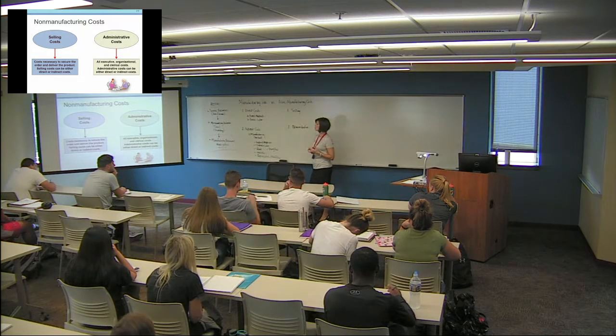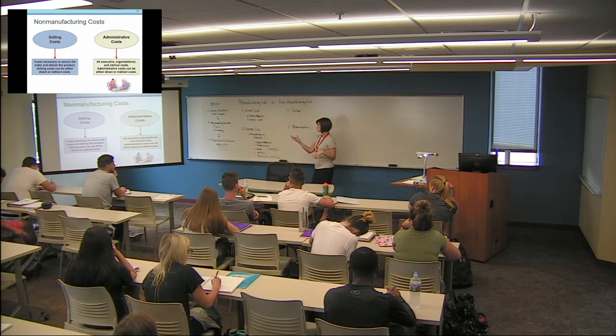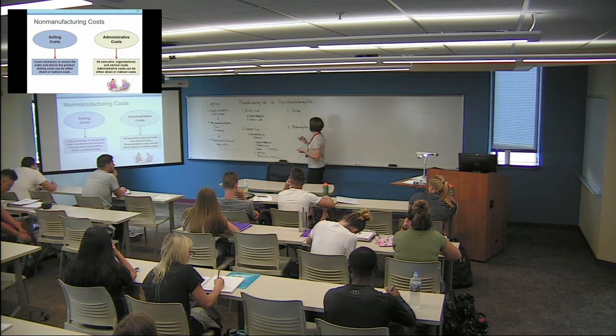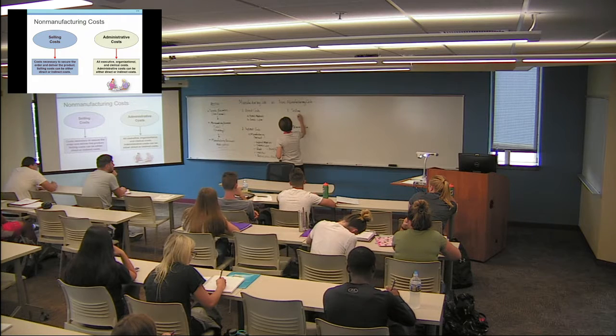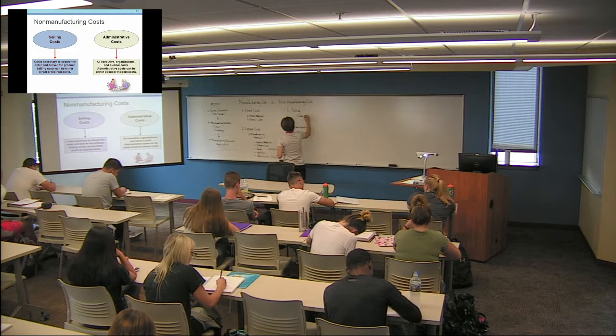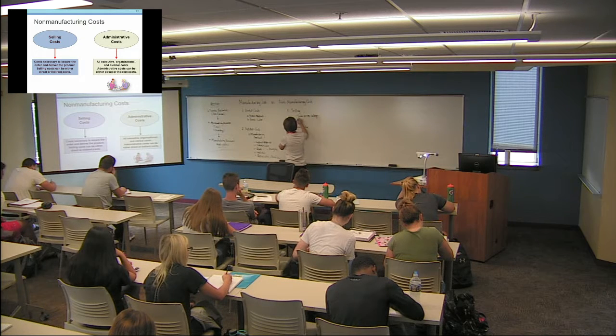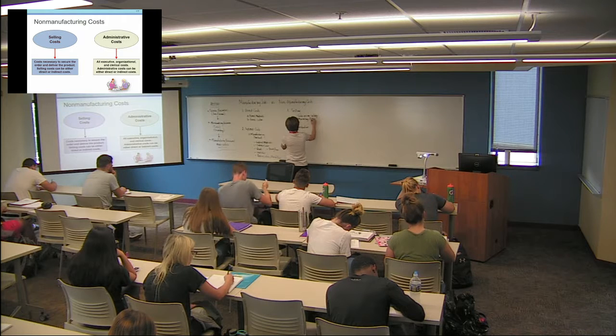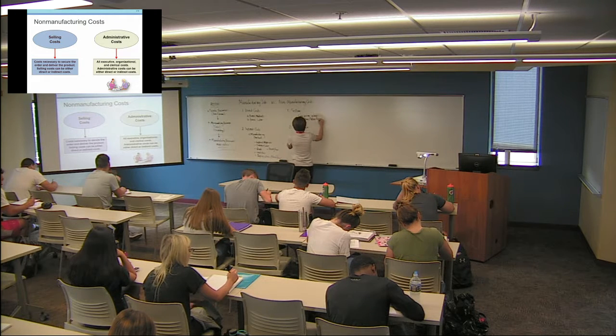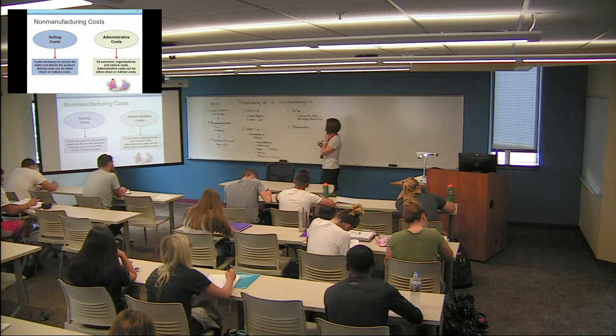So selling costs are those costs necessary to order and deliver the product. They can be direct or indirect, okay? Well, we don't really worry about that too much. Some examples might be salesperson salary, marketing or advertising. Those are some very common examples of selling costs, okay?